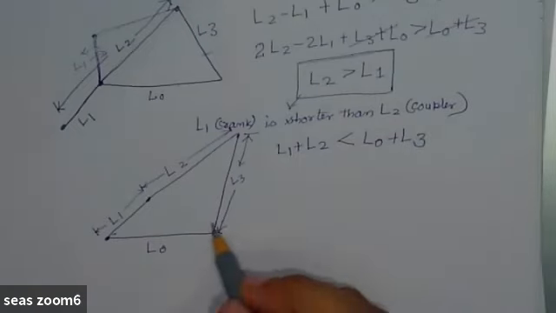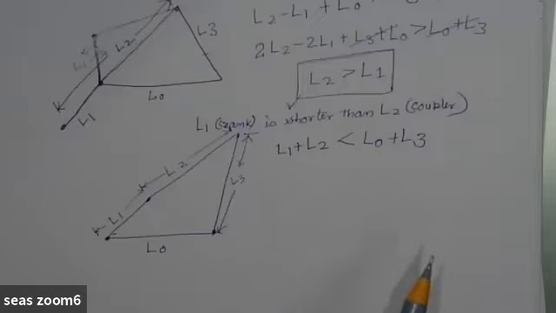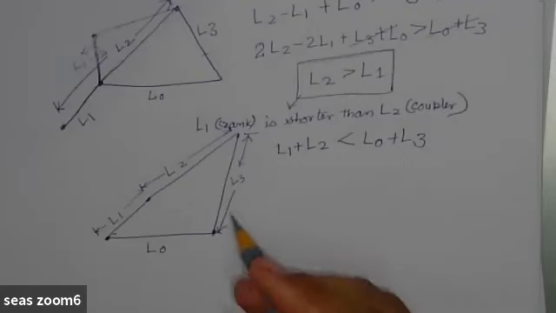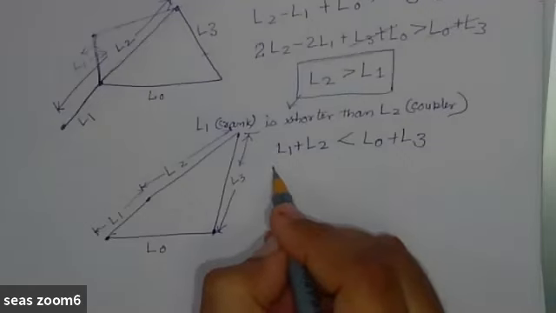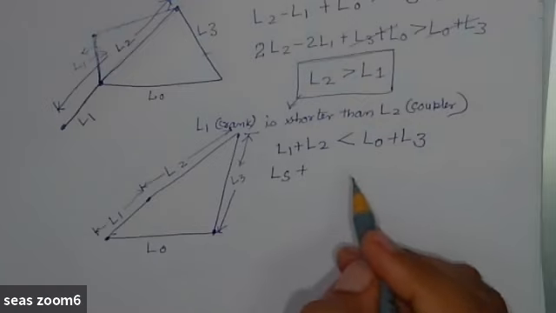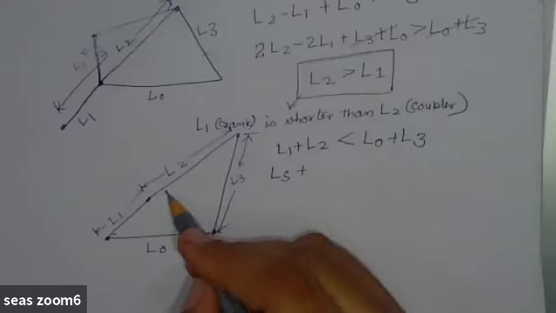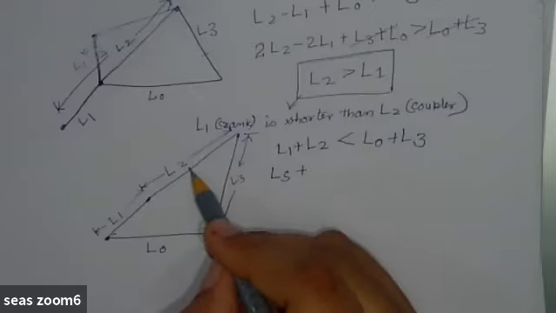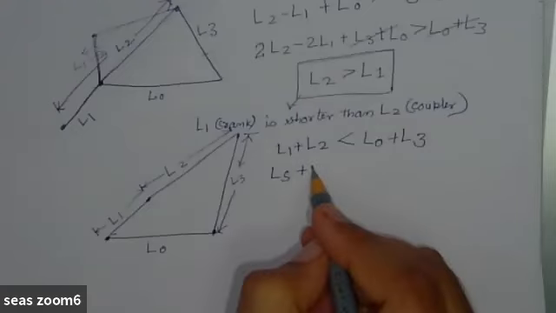Sum of two arms must be greater than the other arm. So we know that L1 is the crank, which generally is the shortest link, and L2 is a coupler, which is always the longest link.